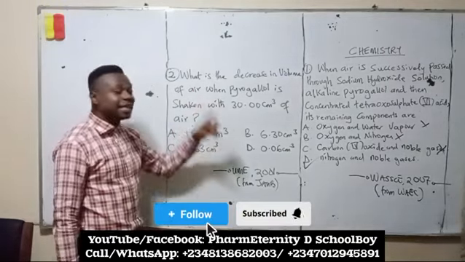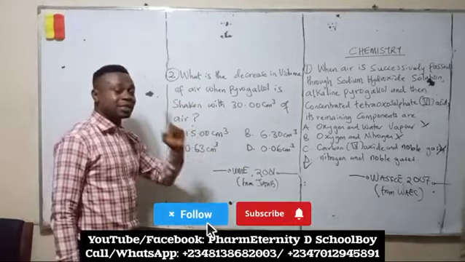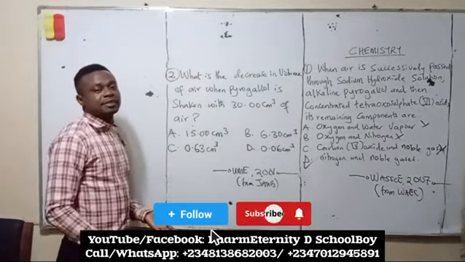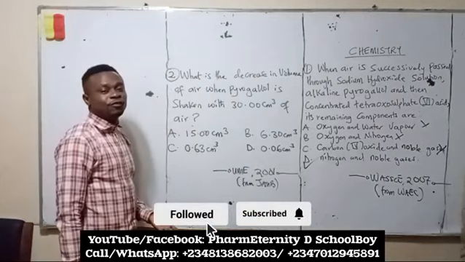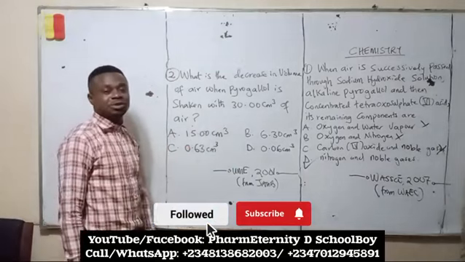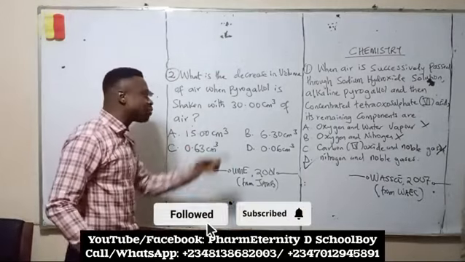We are told that the air itself is 30.00 cm3. So if you want to know the decrease in the volume of the air, we find 21% of this 30 cm3, because that 21% represents oxygen.